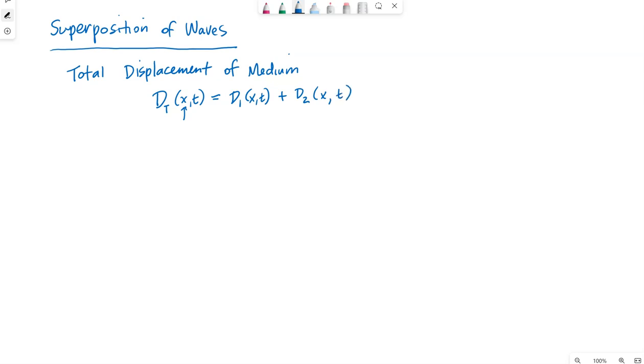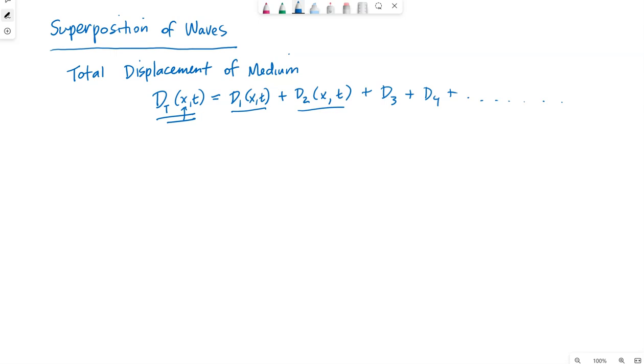The overall total displacement of the medium depends simply on what wave 1 is doing to the medium at that location, plus what wave 2 is doing to the medium at that location. And technically, we could have as many waves as we want to talk about.